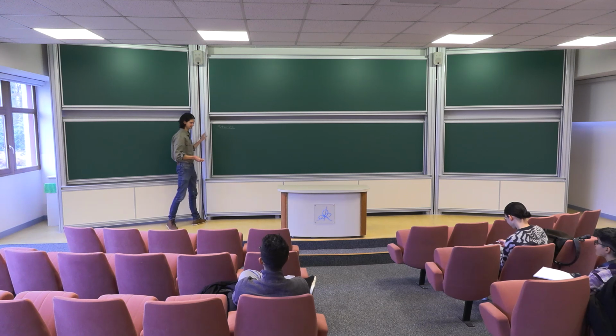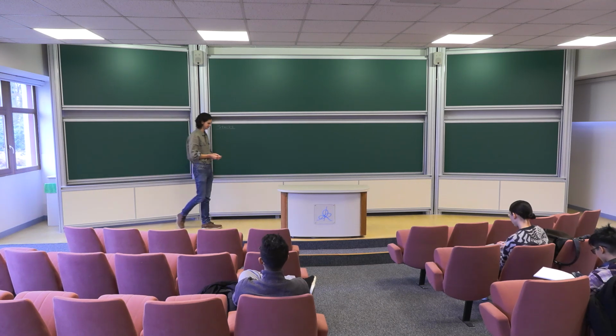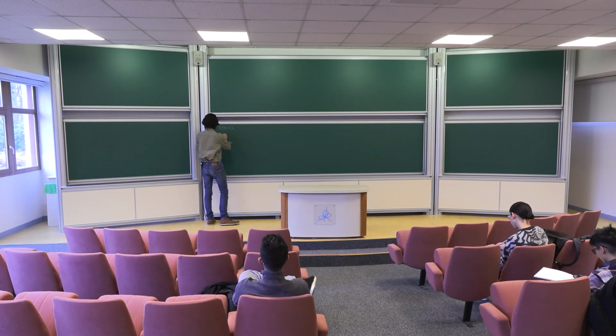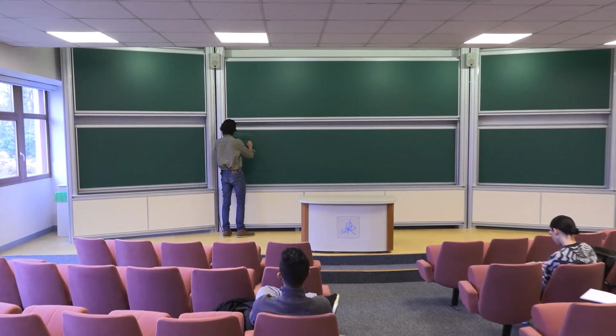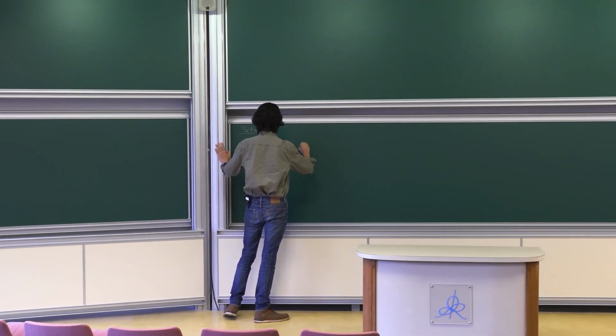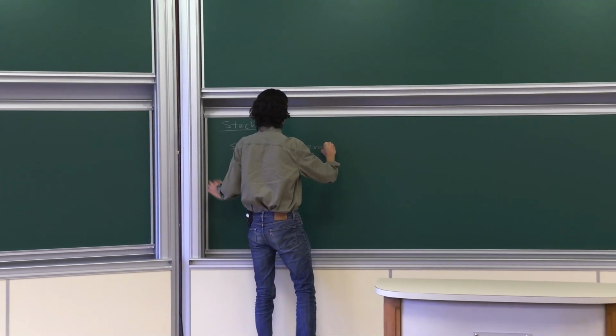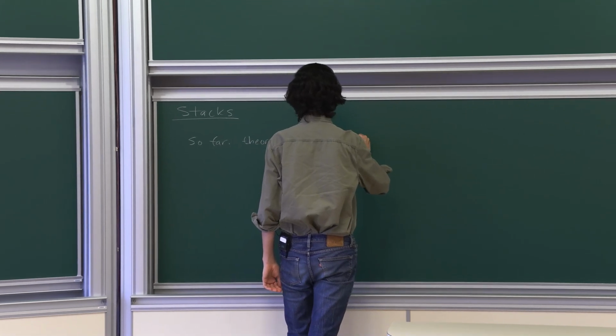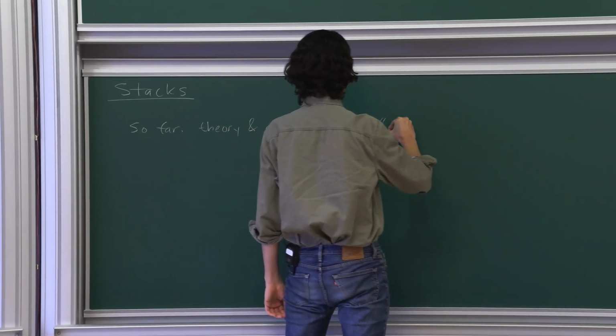So what we've been discussing so far is some of the theory and examples of analytic rings.